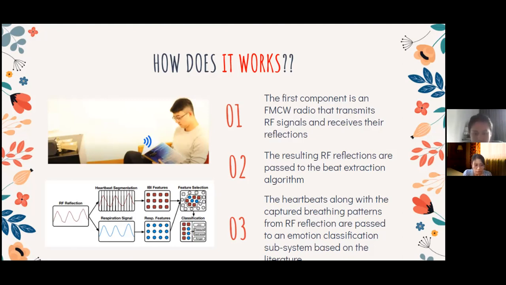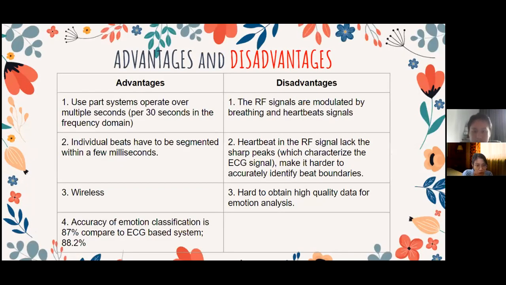After the signals are segmented, the heartbeat and breathing patterns from the RF reflection are passed to the emotion classification subsystem based on the literature. So the device can determine whether the person is angry or sad or happy. This device also has advantages and disadvantages, but first I will discuss the advantages.